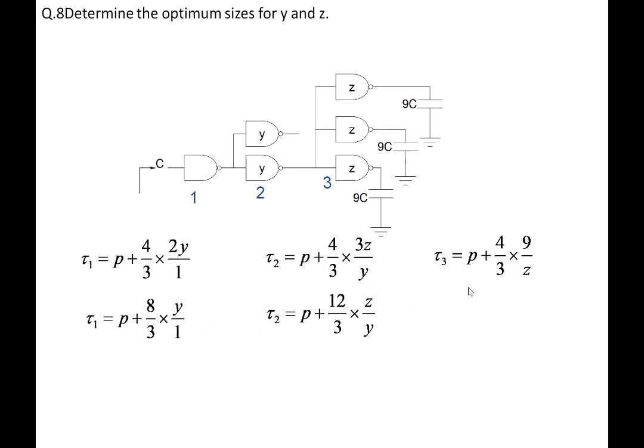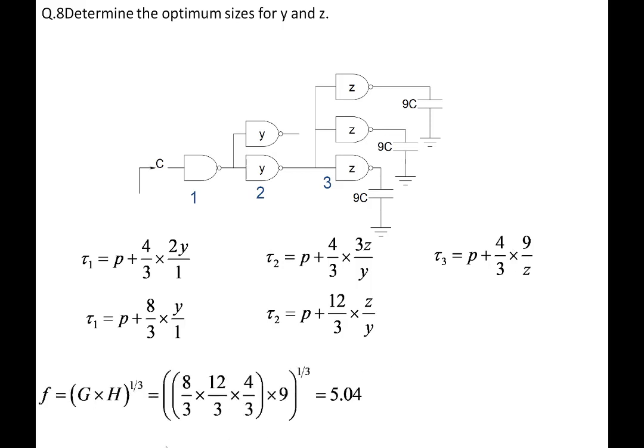Now, this result is in the form which was there earlier, except that we interpret this as G1, this as G2, and this as G3. And then we don't have to take all the derivatives, and you go back and use the same F equal to G into H, to the power 1 by 3, and use that particular form.